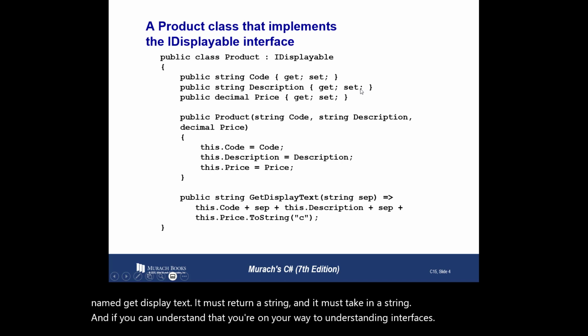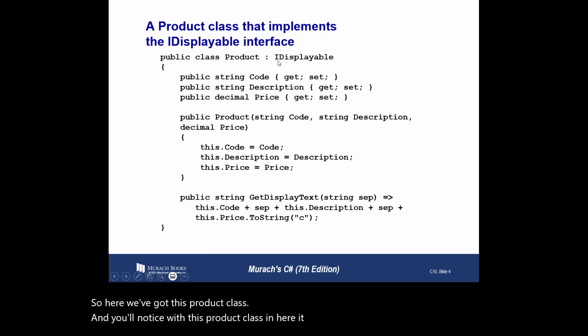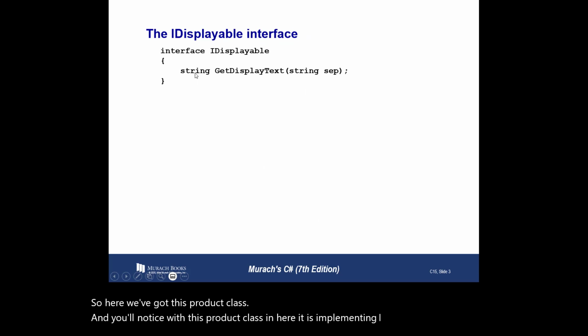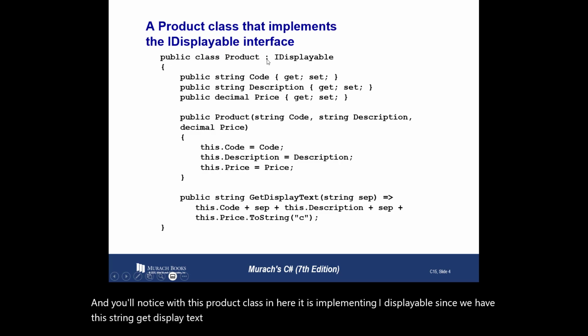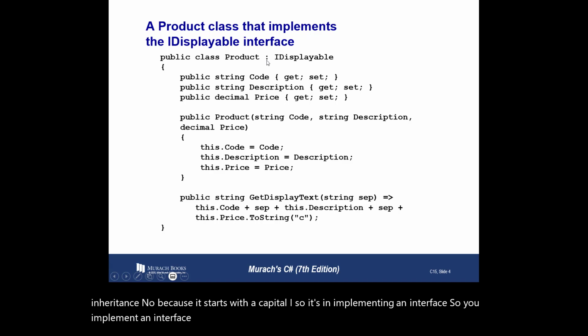So here we've got this Product class. All right. And you'll notice with this Product class in here, it is implementing IDisplayable. Since we have this string GetDisplayText(string). Since this is implementing it, it looks like, oh, that's inheritance. No, because it starts with a capital I, so it's implementing an interface. So you implement an interface the same way that you inherit a class as far as the syntax.